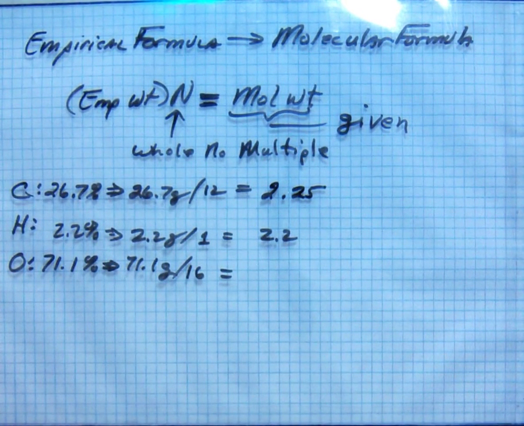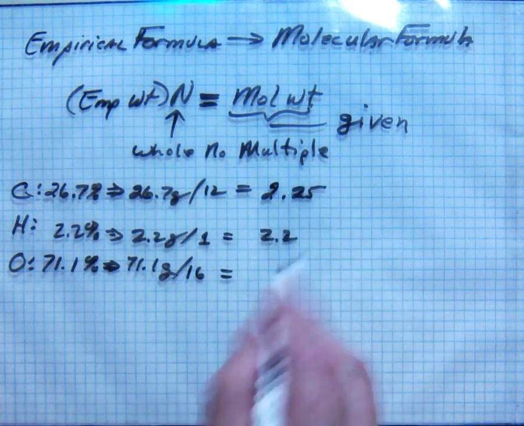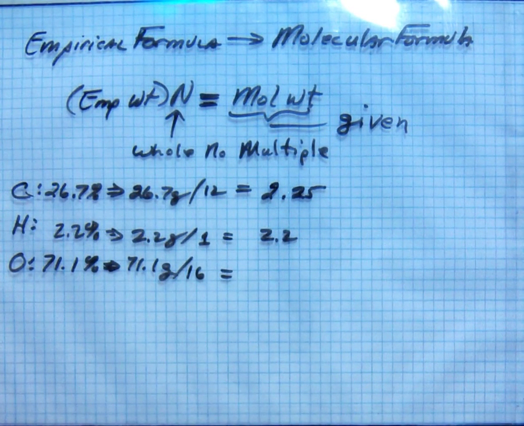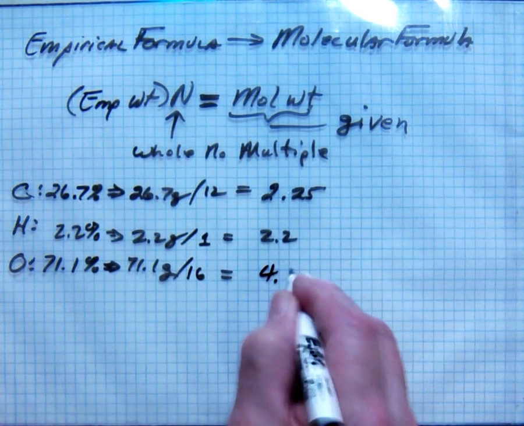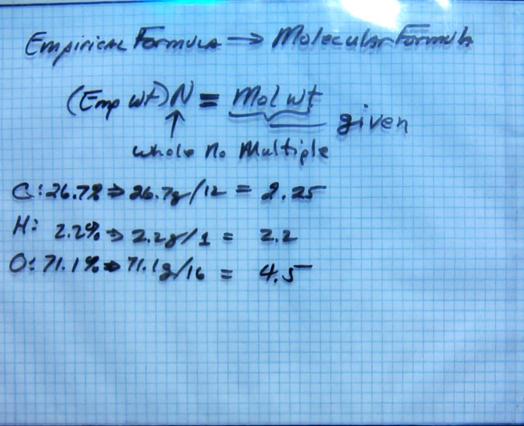I guess 2.225, 2.25 is fine. You won't get them any closer. And that's say 4.45, let's see, 4.5. So if it's close in there, you just scale it up. If I used the full-digit atomic weights, it'd probably be perfect.